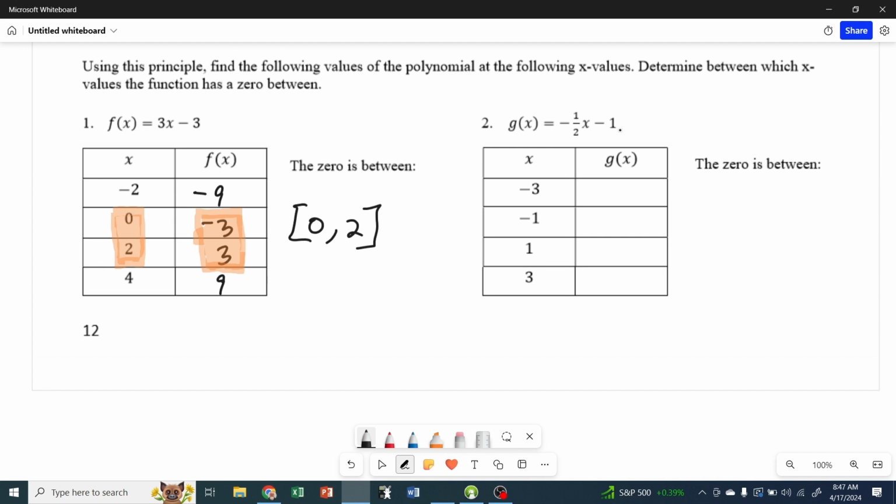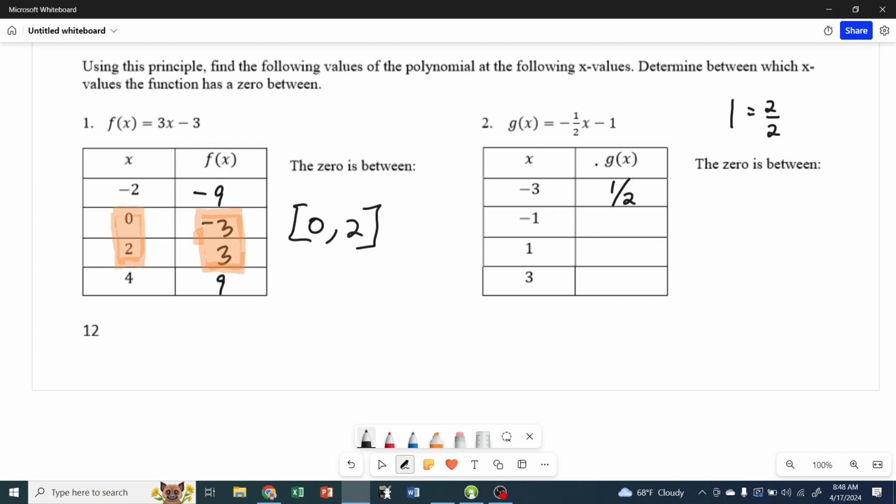This next function we're going to take a look at, and I'm going to put a little note over here that 1 is equal to 2 over 2, because this is going to make my algebra a little bit quicker. So negative 3 times negative 1/2 is positive 3 halves. Positive 3 halves minus 2 halves is positive 1/2.